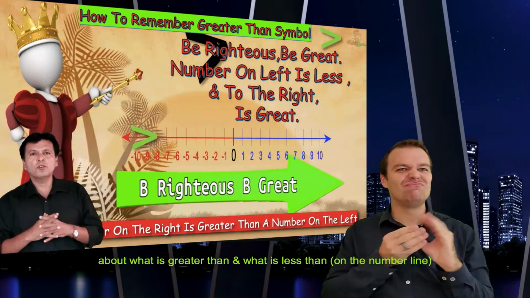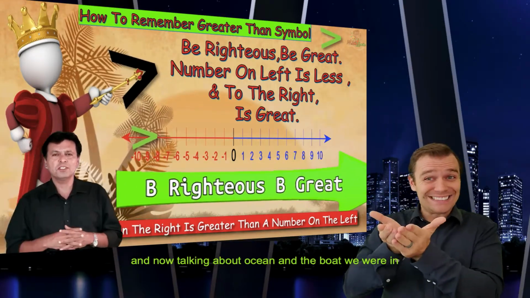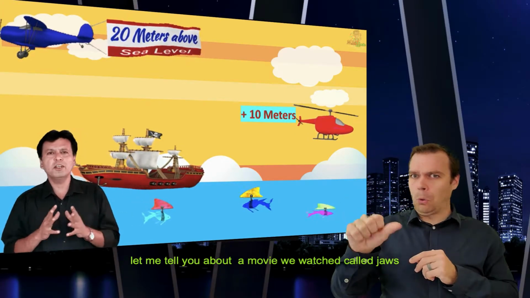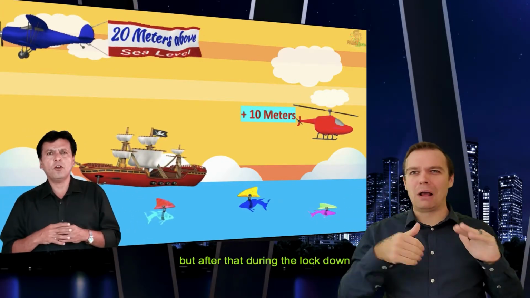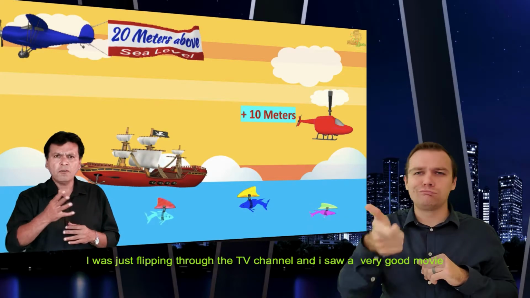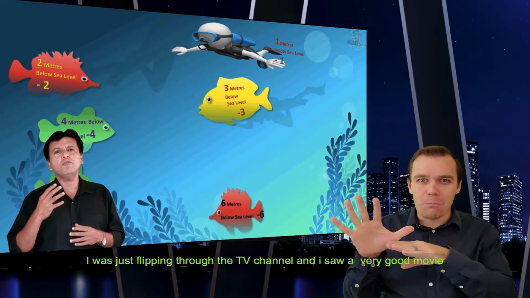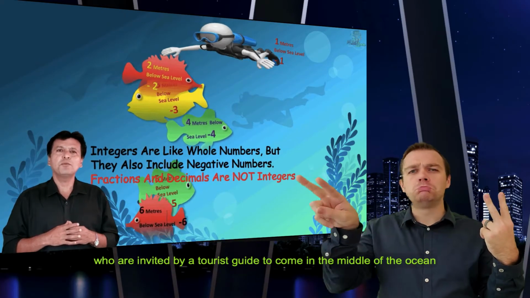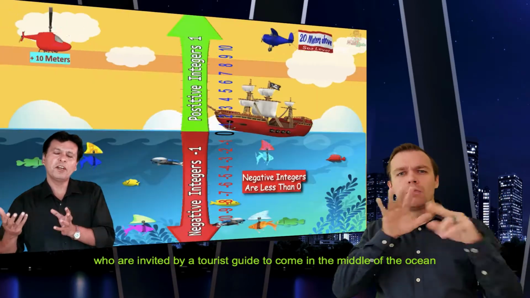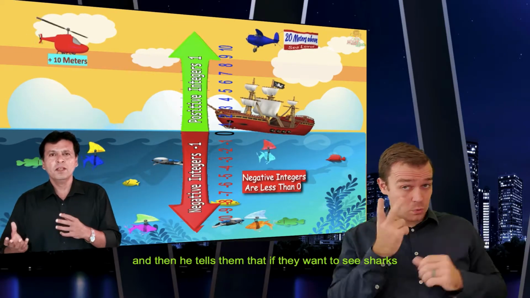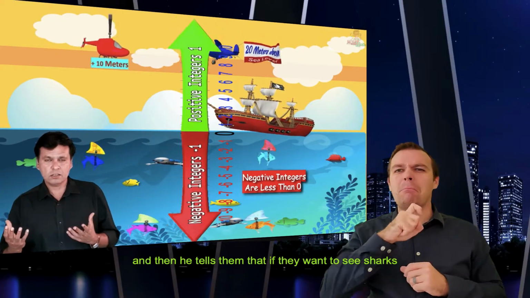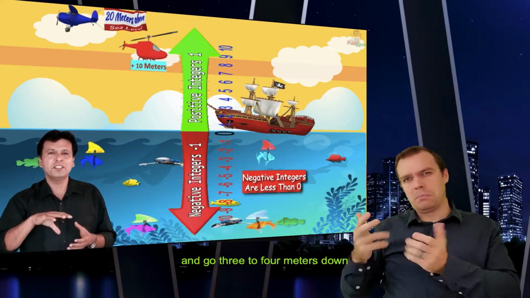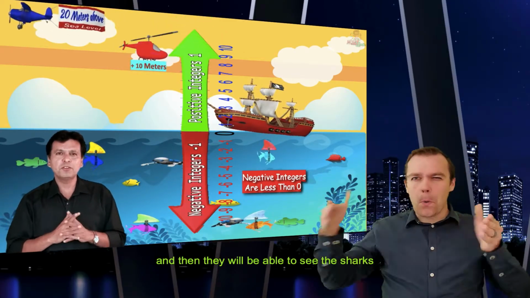And now talking about ocean and the boat we were in, we saw a movie called Jaws. It was a very good movie, but after that, during the lockdown, I was just flipping through the TV channels and I saw a very good movie. It was a movie about 2 sisters who are asked by a tourist guide to come in the middle of the ocean, and then he tells them that if they want to see sharks, then they should go in a cage and go 3 to 4 meters down, and then they'll be able to see the shark.